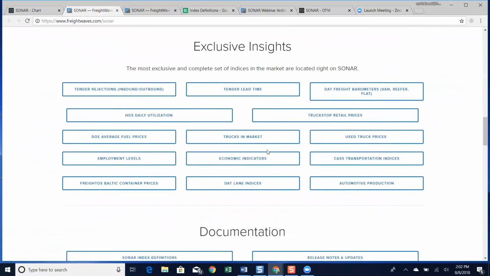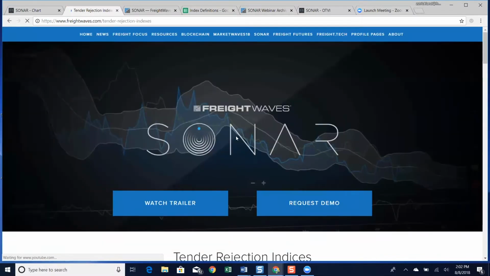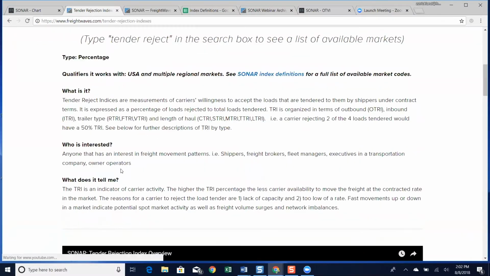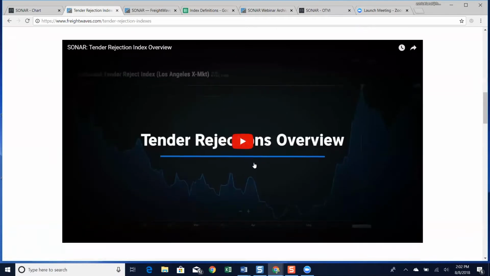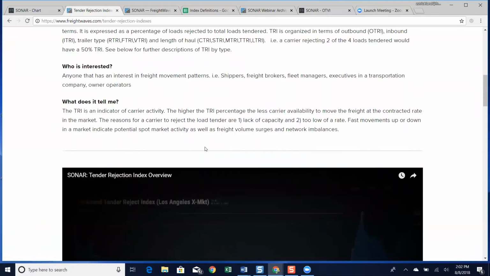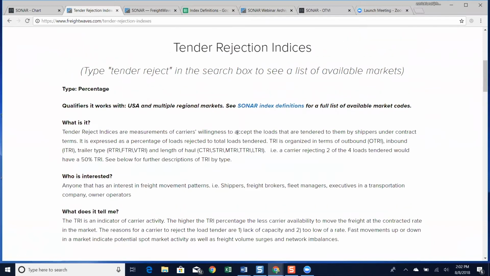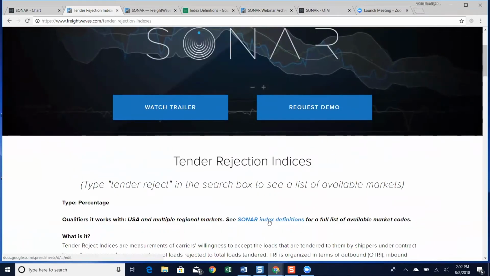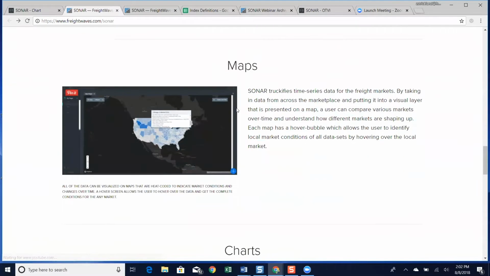You can click on each one of those indexes, and once you click on it, it will tell you what it is, who uses it, and what it's going to tell me. There are videos within these that will describe, again, how to use the information. So, definitely check that out.